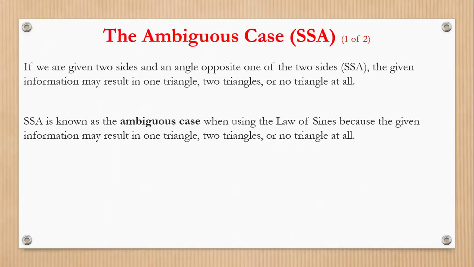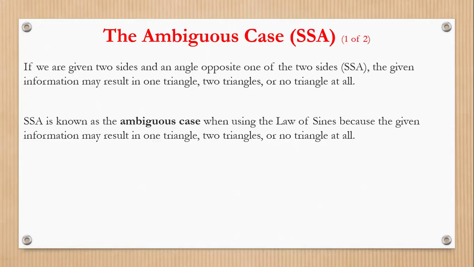Now let's see if we have a triangle in which two sides and one angle are given to us, which is called SSA. If that is the case, we call that the ambiguous case. Ambiguous case means a triangle where two sides and one angle are given to us.